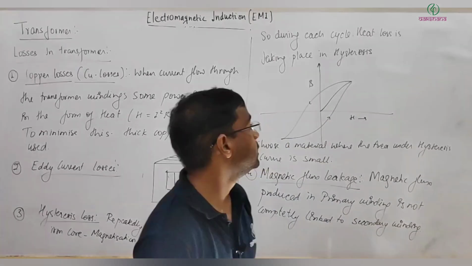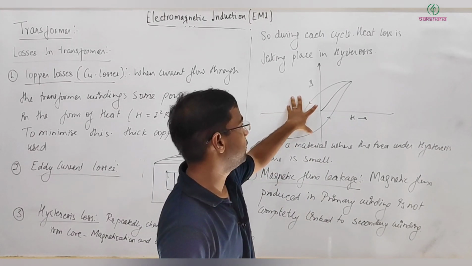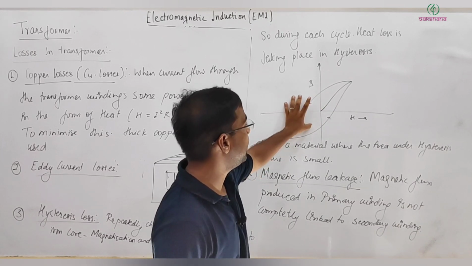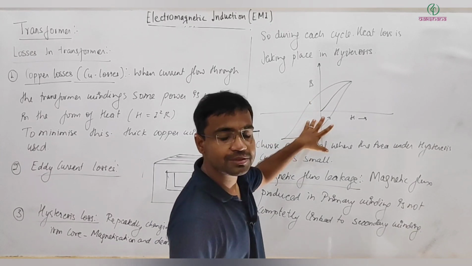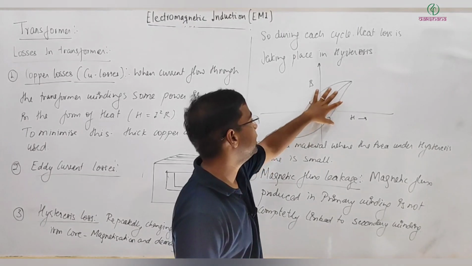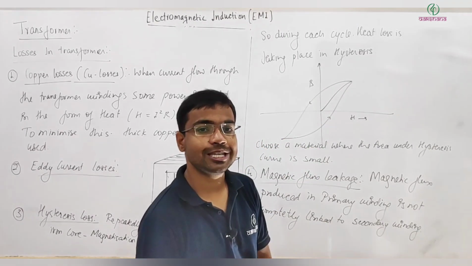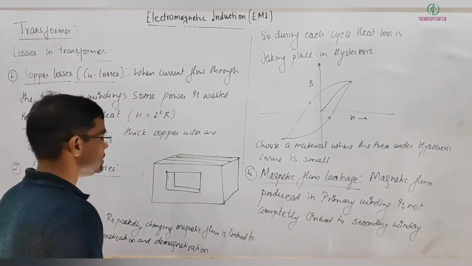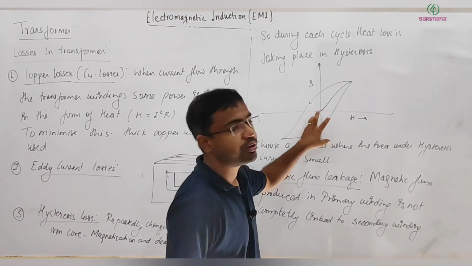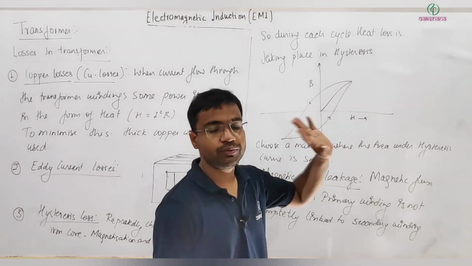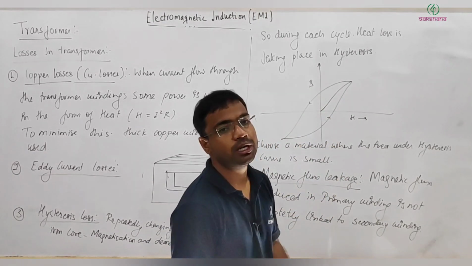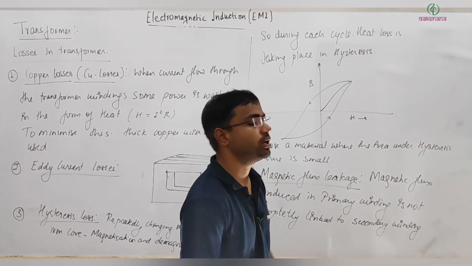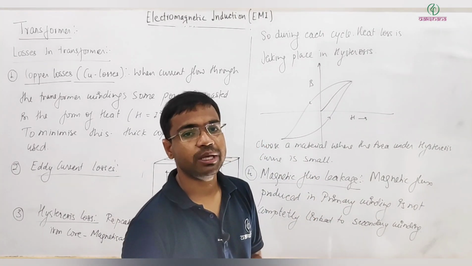In this case, if we plot its magnetization, the graph looks like this, and you must have seen in magnetism that the area under this graph gives you the loss, and that is also in the form of heat. This loss we call hysteresis loss, and to reduce it there is no direct option. What we can do is choose a material whose area under this graph is smaller. In that case, the hysteresis loss can be reduced.